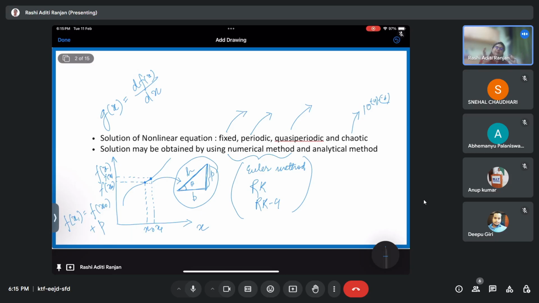But getting a proper analytical solution for a nonlinear differential equation is difficult. So some analytical methods were introduced that essentially give us an approximate solution.